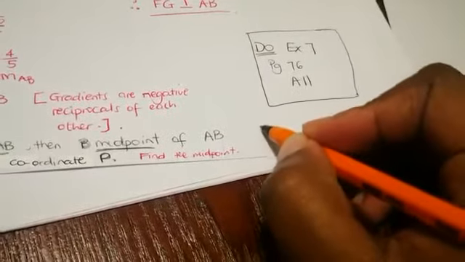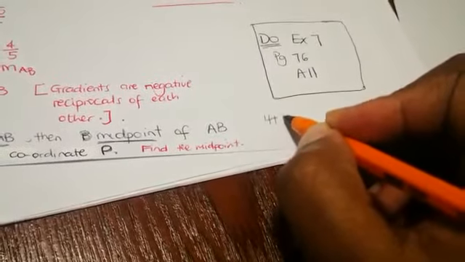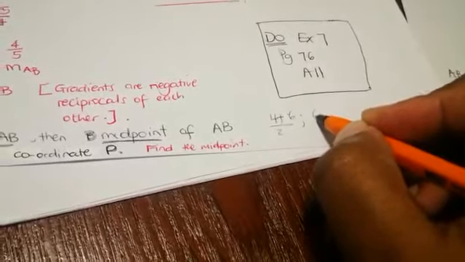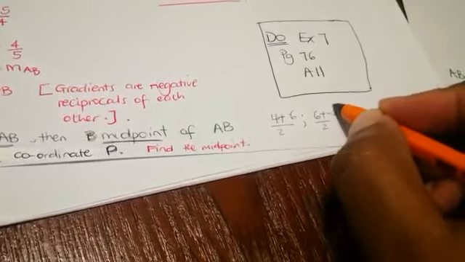So finding the midpoint would be, let's do that: (4 plus -6) over 2, and then (6 plus -2) over 2.